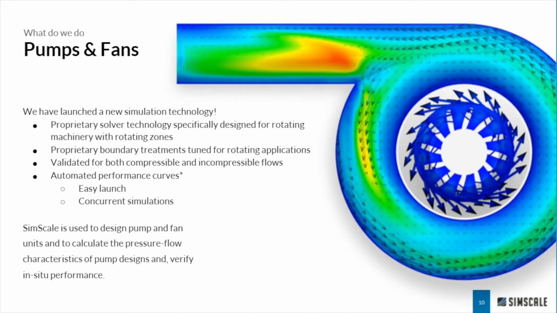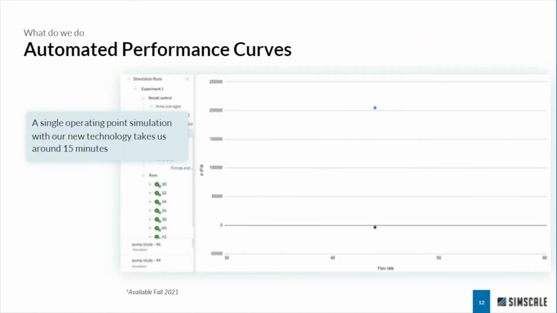And what comes into play here as well is the power of the cloud. So already with the new technology that we offer, we can compute the operating point of a pump very fast and accurate. In this case, the pump simulation took about 15 minutes to compute one operating point.